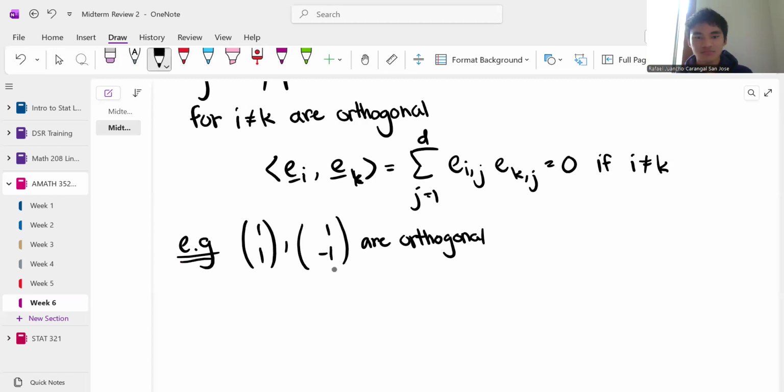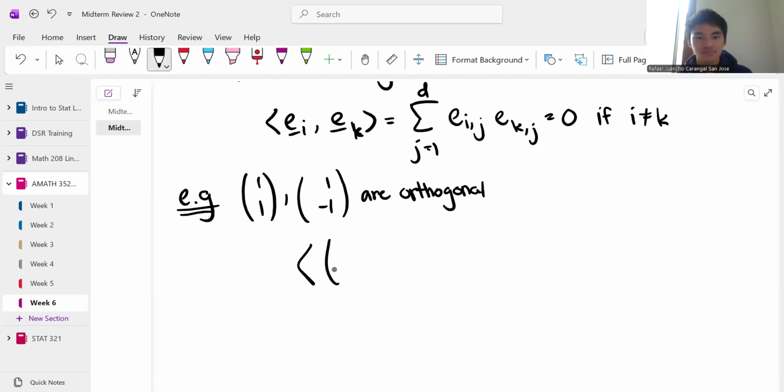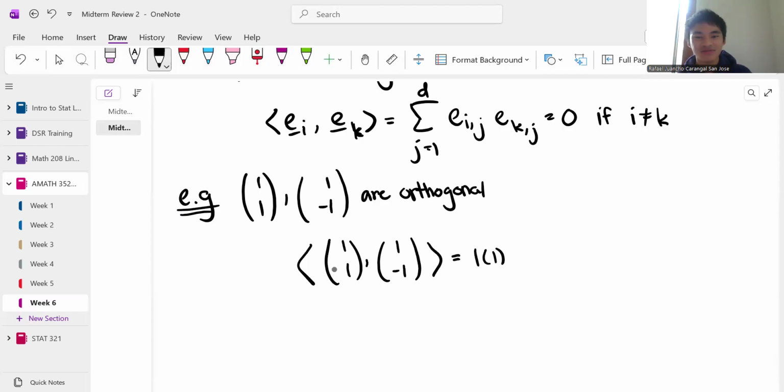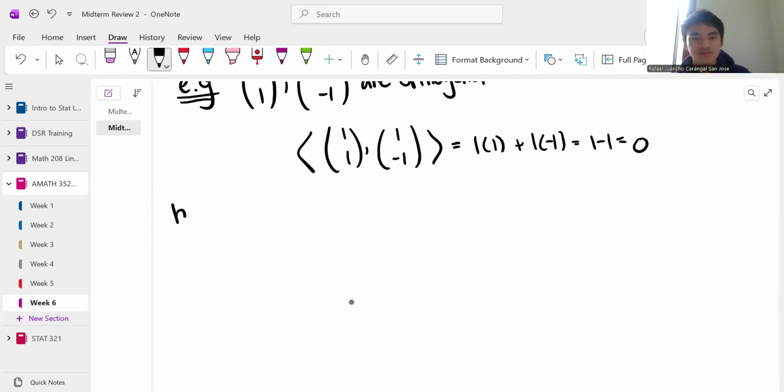Why? We can check. Nothing wrong with checking, right? This is 1 times 1 plus 1 times negative 1, 1 minus 1, 0. So they form a 90-degree angle, right? We just do a dot product.